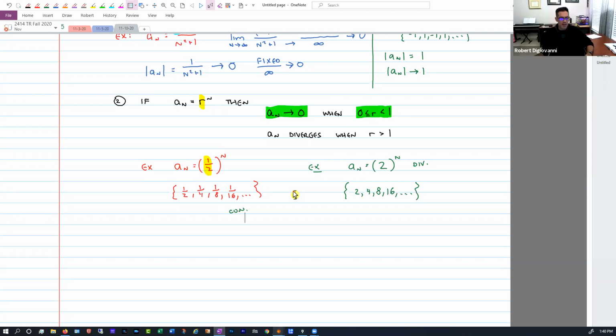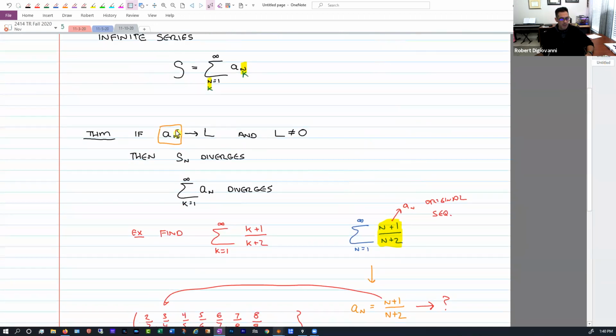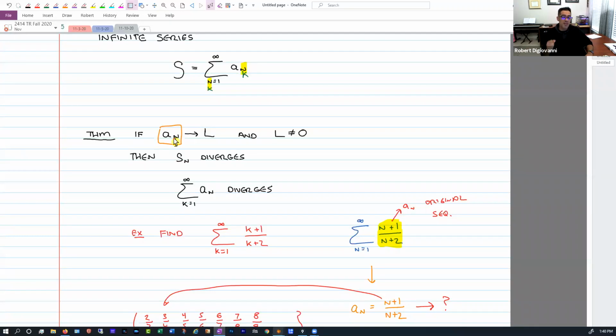Okay, I'm going to say the answer to your question is yes and no. If the sequence goes to something other than 0, not 1, but anything other than 0, we can say that the series, not sequence, the series diverges.